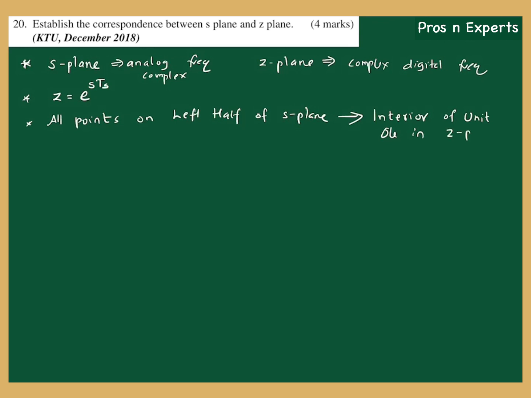In Z plane we have a hero there, the unit circle. That was very important there. So all points on the left half of S plane correspond to the interior of the unit circle in Z plane. I will show you how.